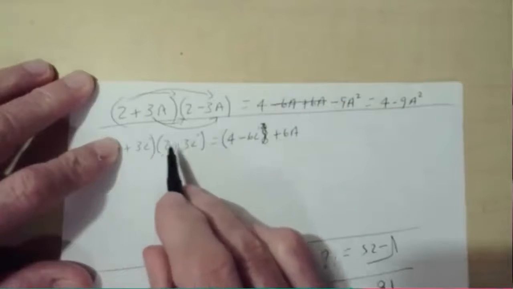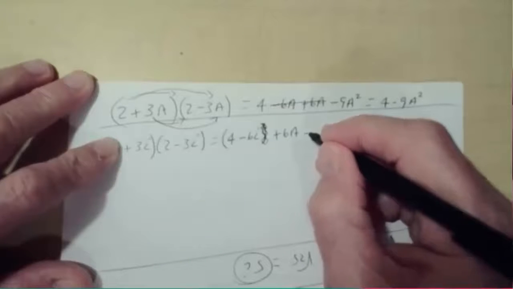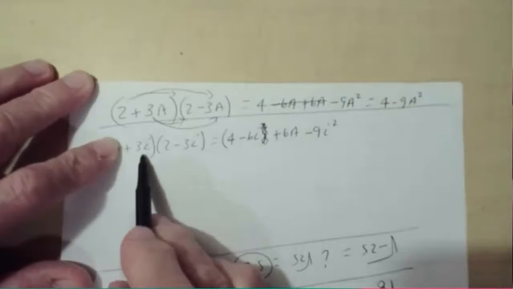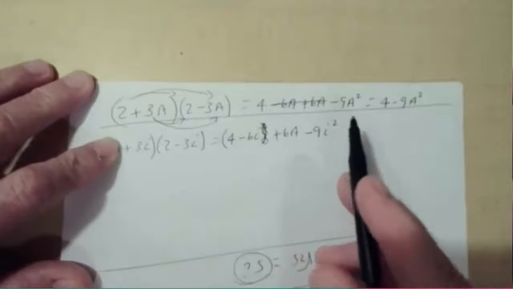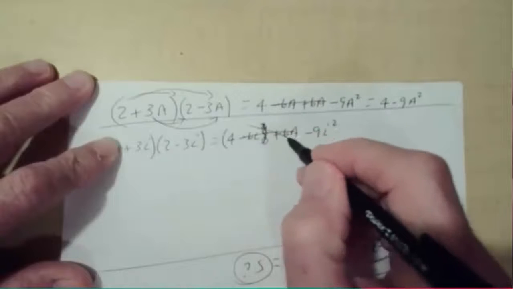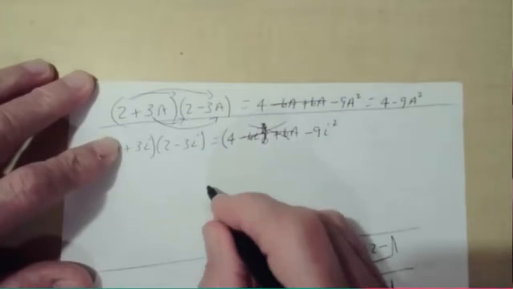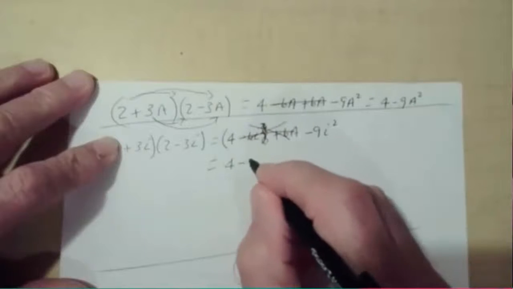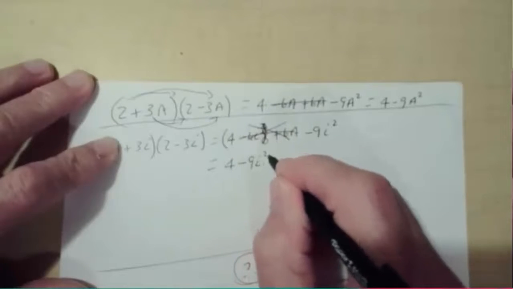And then 3i times -3i is a -9i squared. Why i squared? i times i is i squared. Middle two terms are eliminated because they're conjugates. So this is going to equal 4 minus 9i squared.